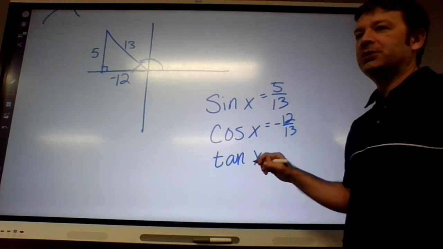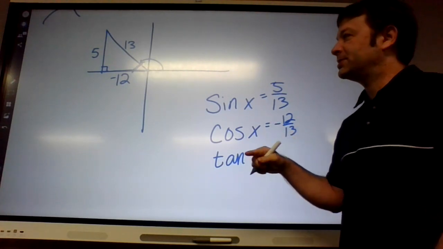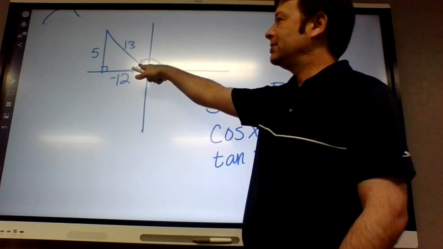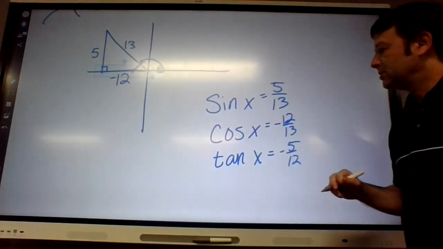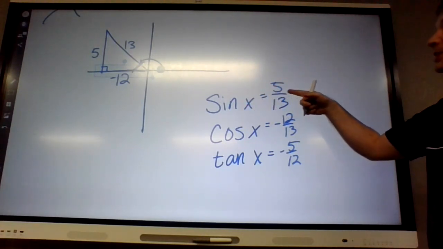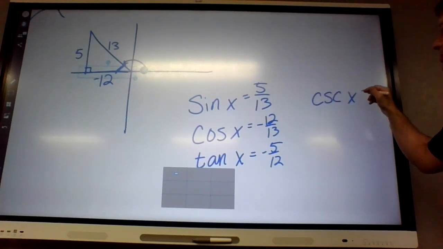Tangent is TOA, right? So it's opposite over adjacent. So what's opposite of this angle? 5. What's adjacent? Negative 12. And then what's the reciprocal of sine? Cosecant. Yes, it is.